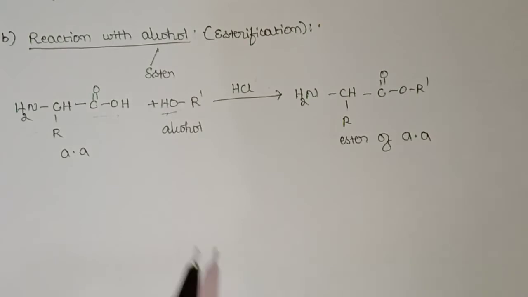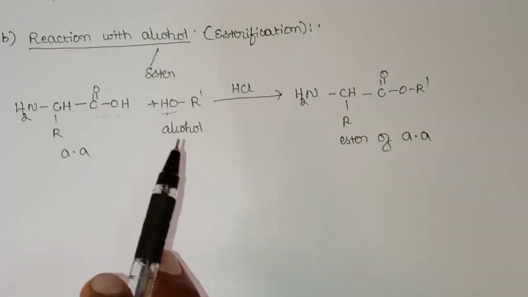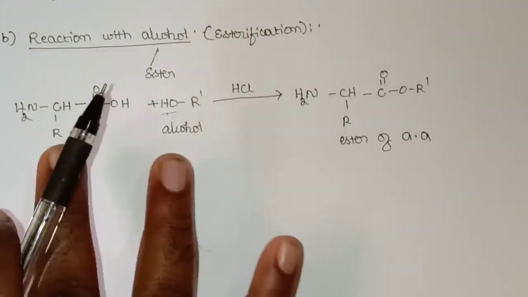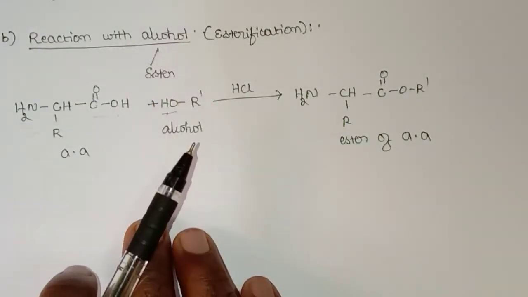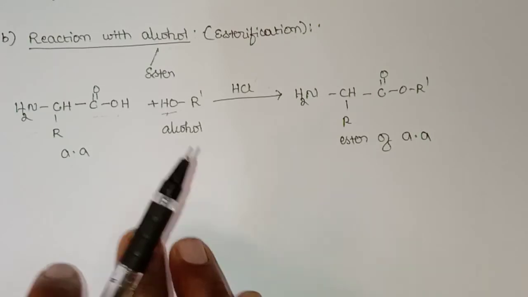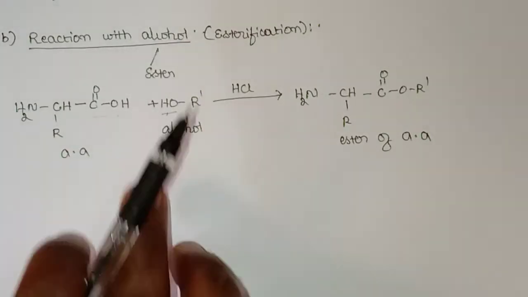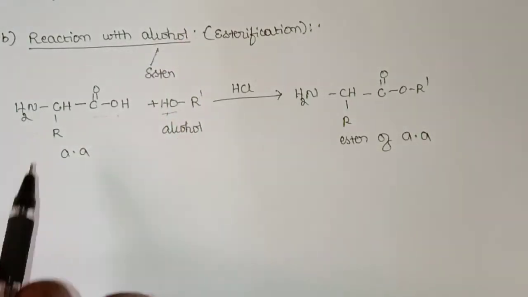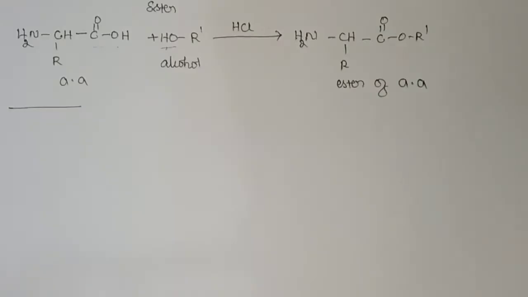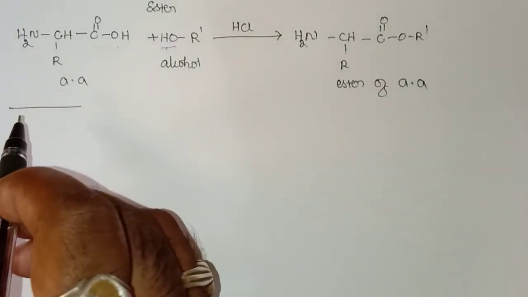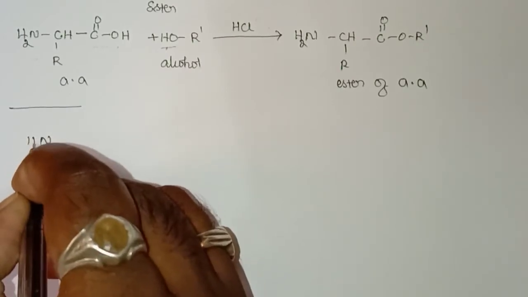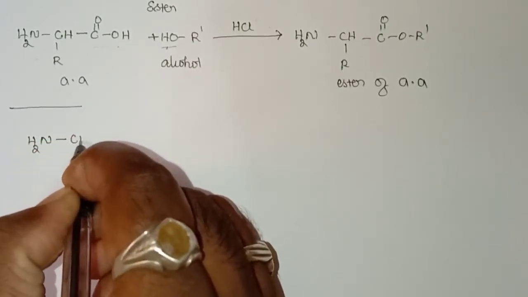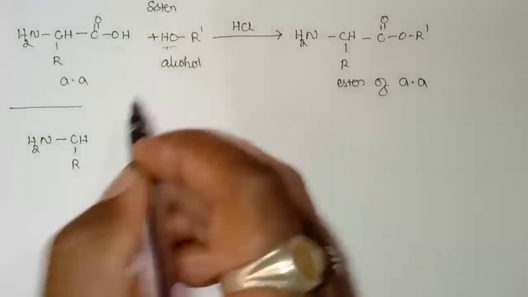But the detailed mechanism will explain how the esterification reaction of the amino acid actually occurs. Now we shall proceed to see the detailed mechanism of this esterification reaction of amino acid. Let us see the mechanism. Firstly, the amino acid tends to react with the hydrochloric acid.